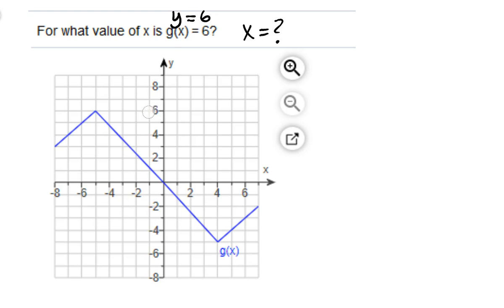And I want to go all the way over to the graph, and I notice that right here I have a spot on the graph where the y coordinate is 6. So let me mark that down. The y is 6. And if I look down on the x scale from that point, I can find out what the x value is at that point. And that is -5.